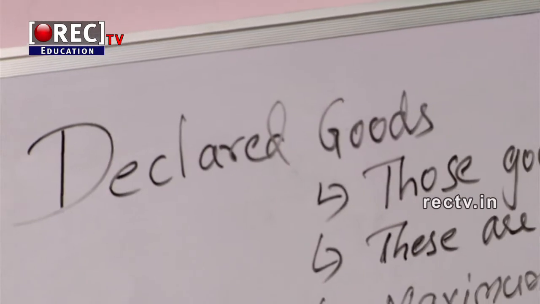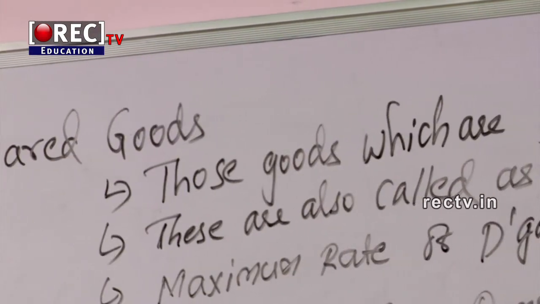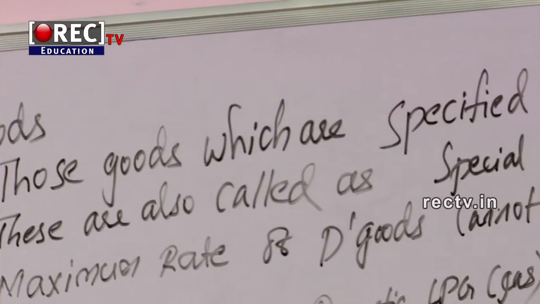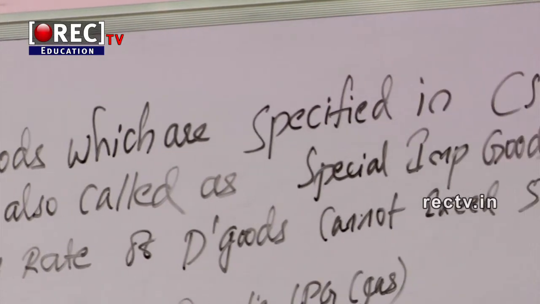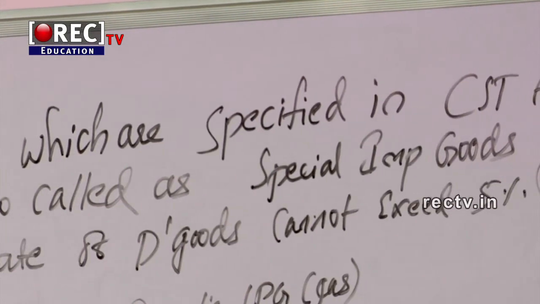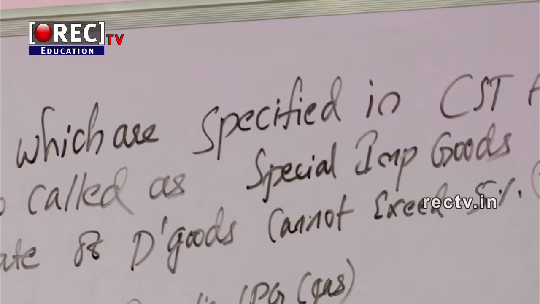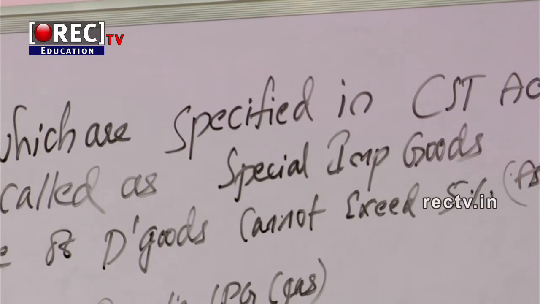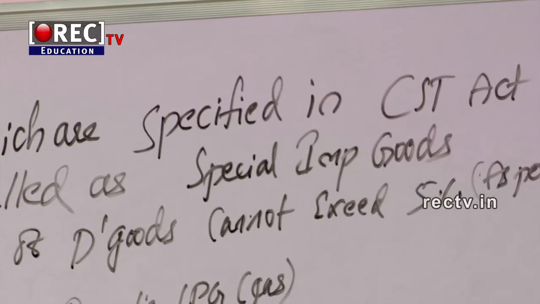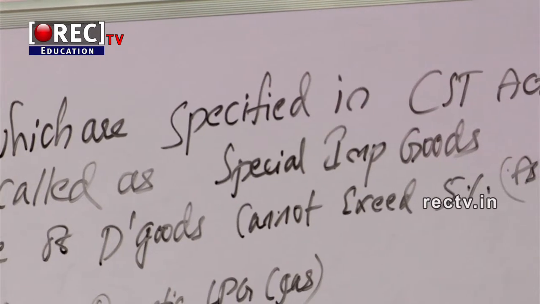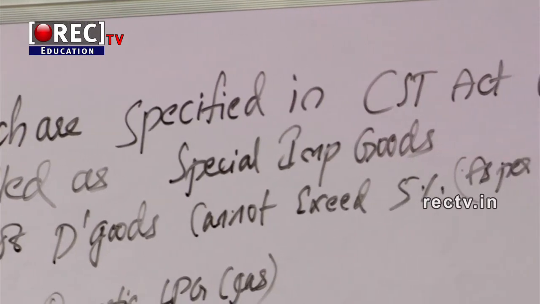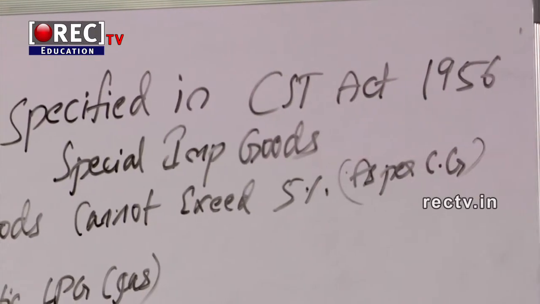Now, what is declared goods? Those goods which are specified in section 14 of the CST Act 1956 are known as declared goods.